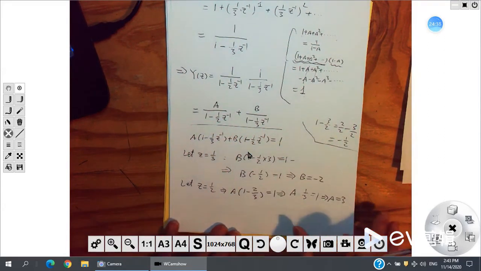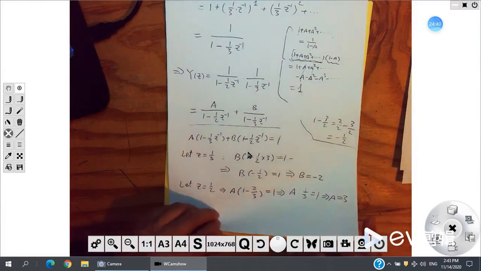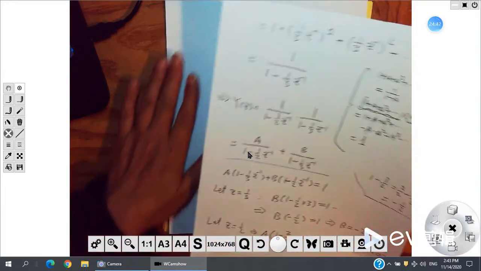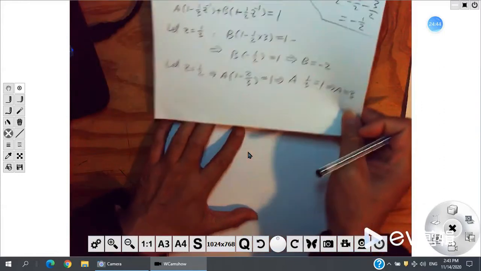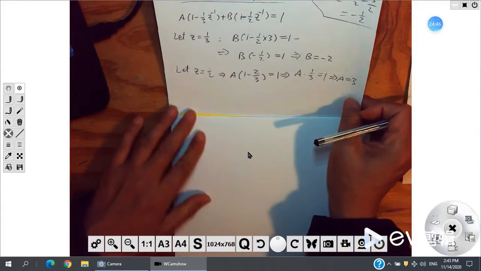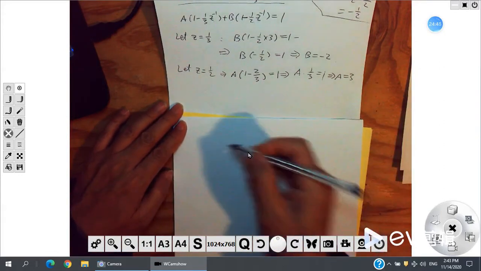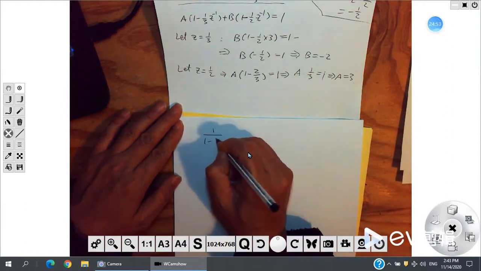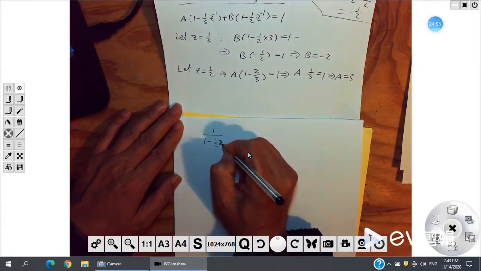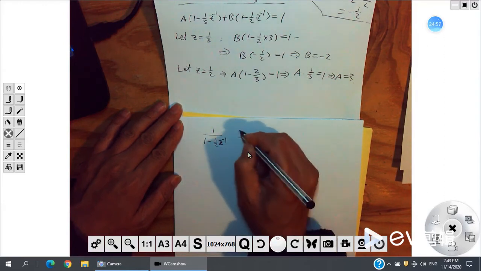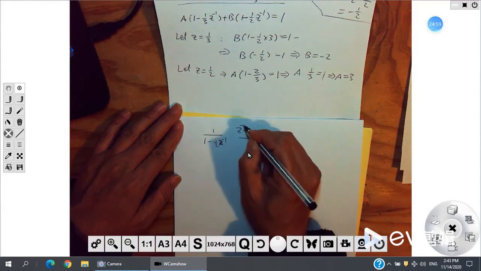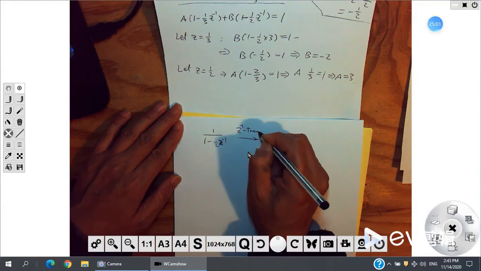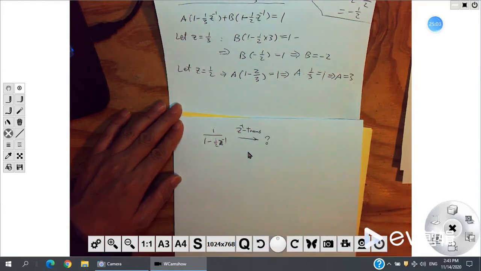And then we want to go back from the z domain to the n domain. Okay, we try to find the inverse z transform of 1 over 1 minus 1/2 z inverse. What does it equal?